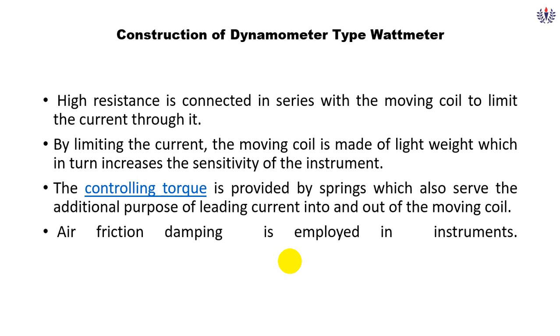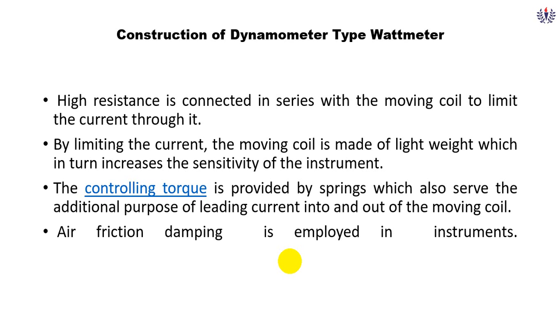By limiting the current, the moving coil is made of lightweight turns for the sensitivity of the instrument. As we discussed in the earlier classes, sensitivity is very important for an instrument to get the repeatability of the readings. Also, there is a controlling torque which is provided by the control springs.